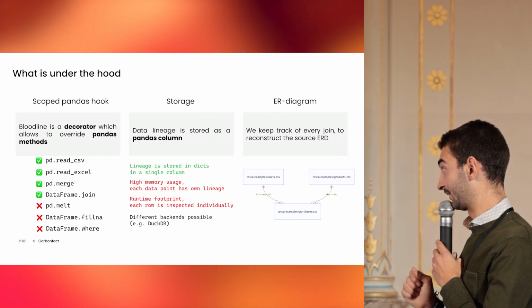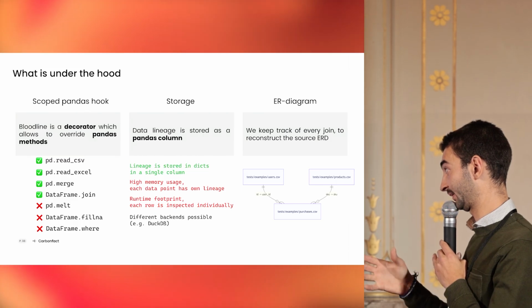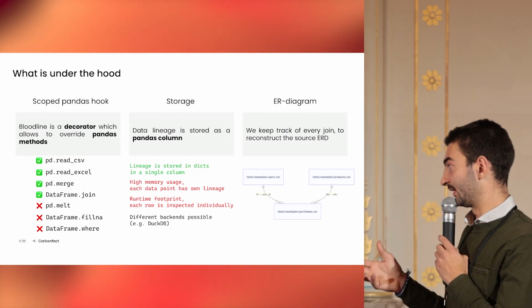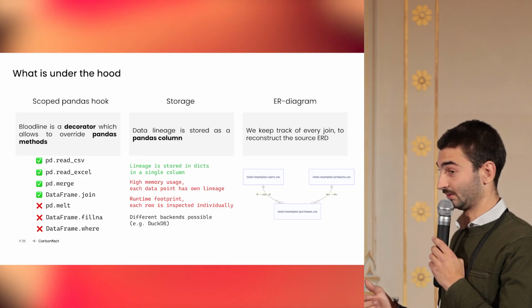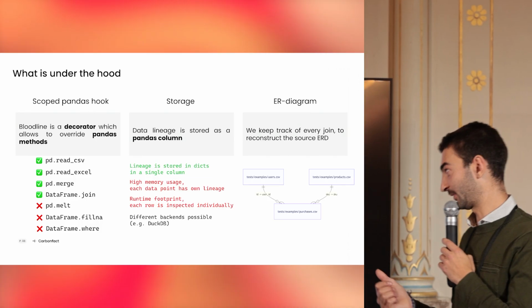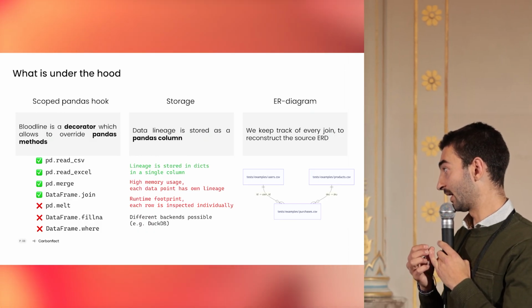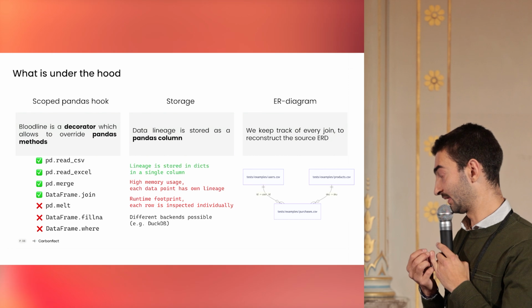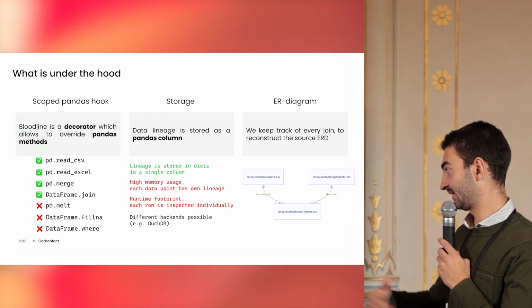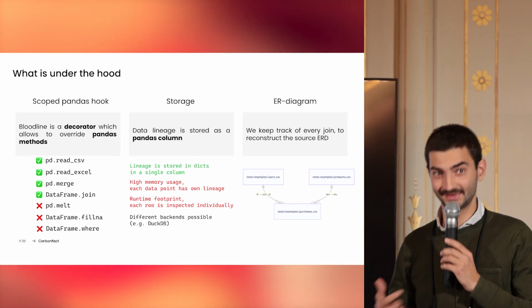Then there's the storage. As we said previously, it's a pandas column, so it's a dictionary stored in a column. It has limitations, so high memory usage. Some of our customers have lots of products, and so it requires a lot of memory. And in reality, there are also runtime issues, because we read every single row, every single data point for multiple datasets.